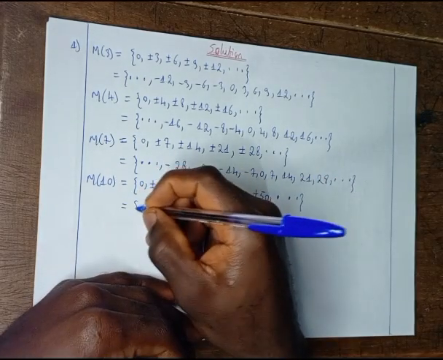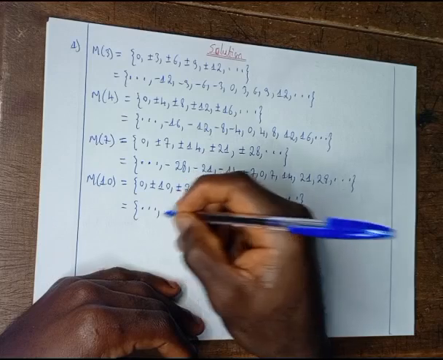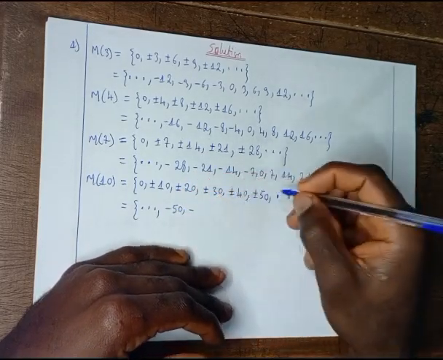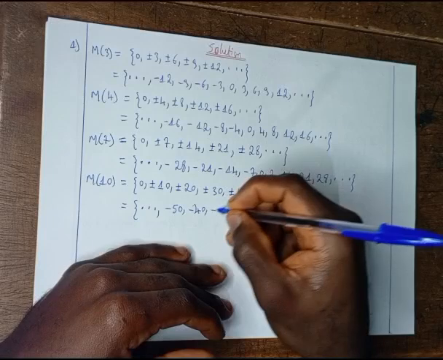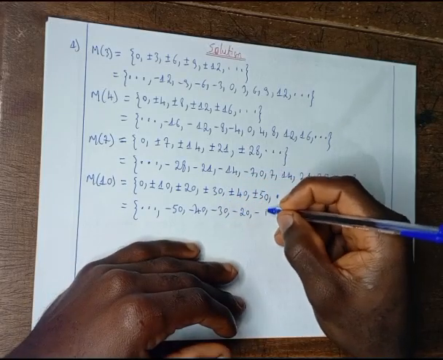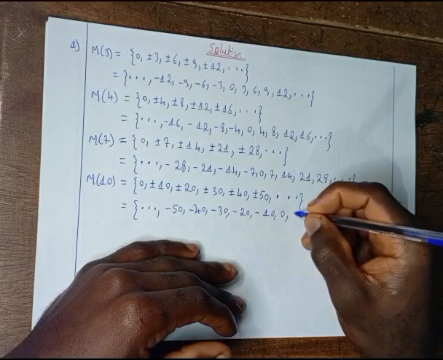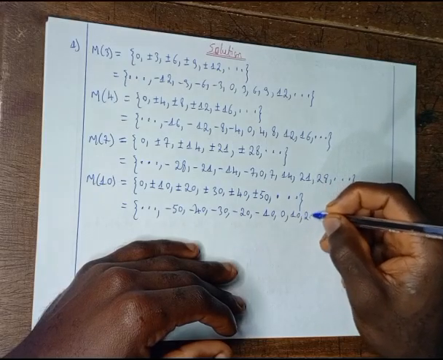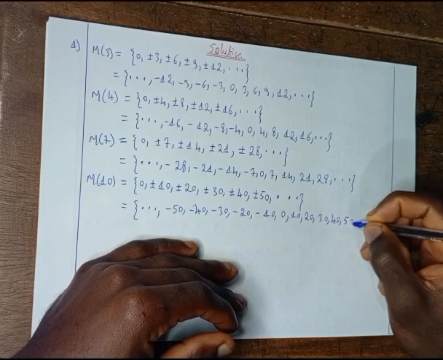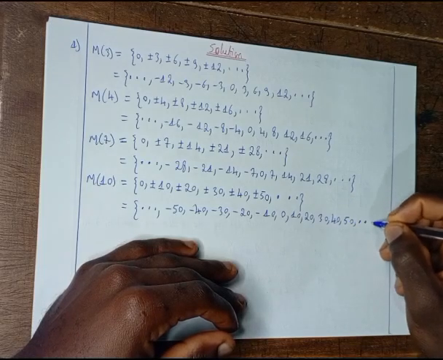So we have our 3 dots, negative 50, negative 40, negative 30, negative 20, negative 10, 0, 10, 20, 30, 40, 50. We end with 3 dots.